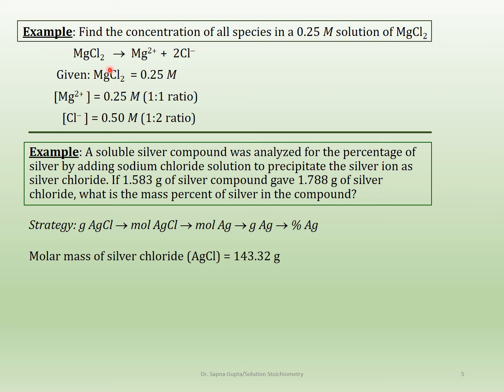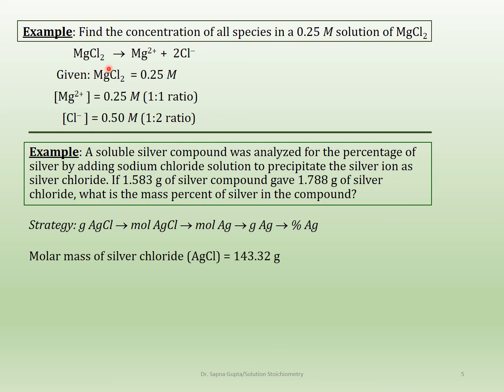So which means that if magnesium chloride solution was 0.25 molar, the ratio of magnesium ions in there is 1:1, which means that if magnesium chloride solution is 0.25 molar, then the concentration of magnesium ions is also 0.25 molar.